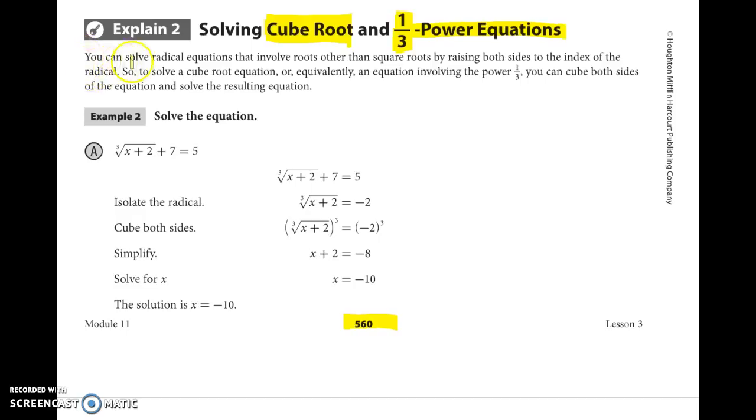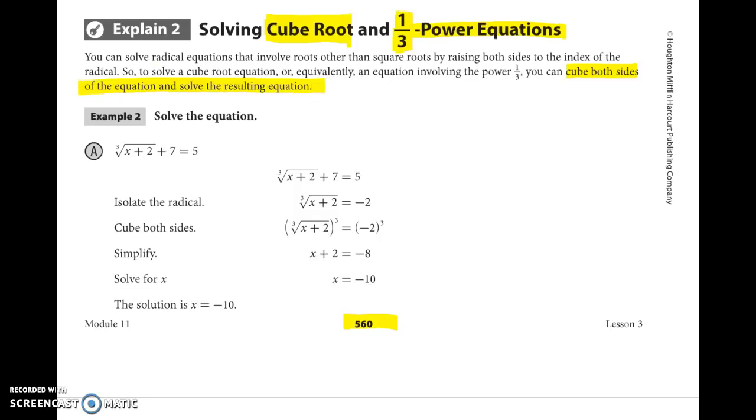So it says you can solve radical equations that involve roots other than square roots by raising both sides to the index of the radical. So to solve the cube root equation, or equivalently an equation involving a power of 1/3, you can cube both sides of the equation and solve the resulting equation.